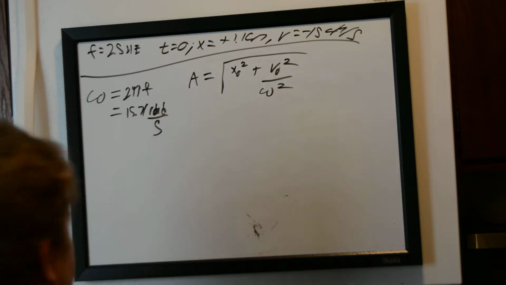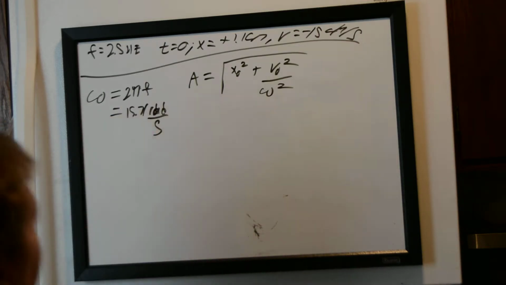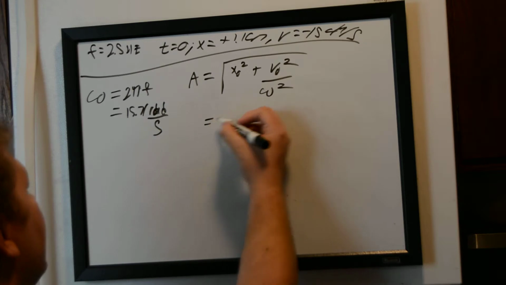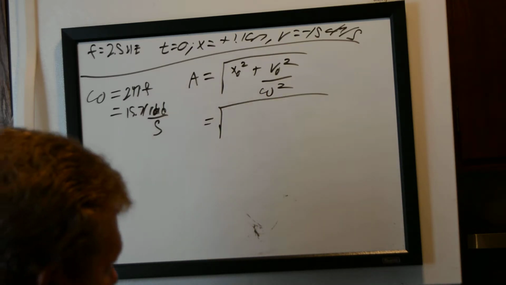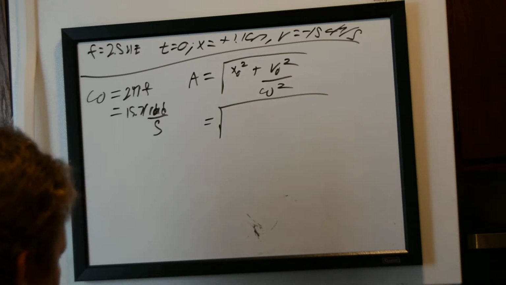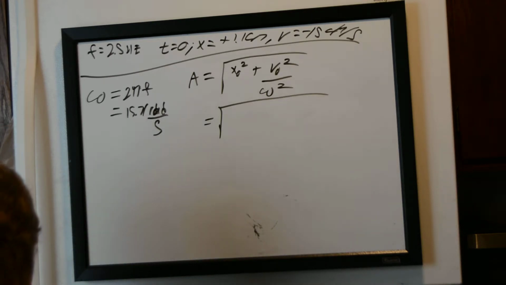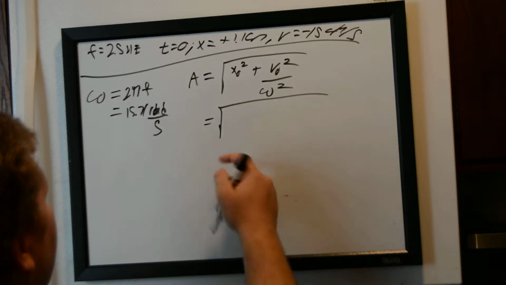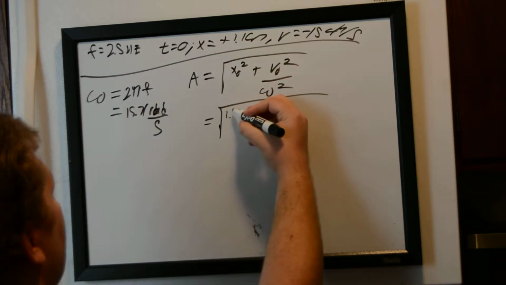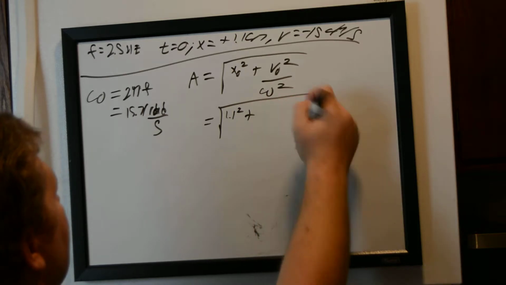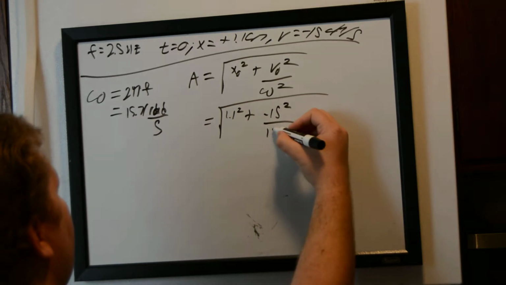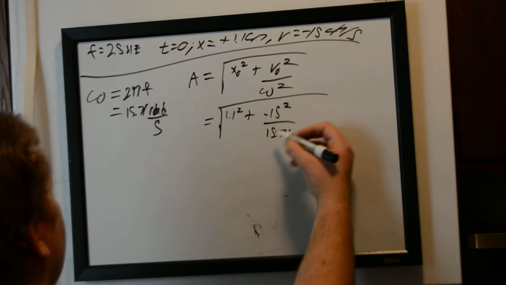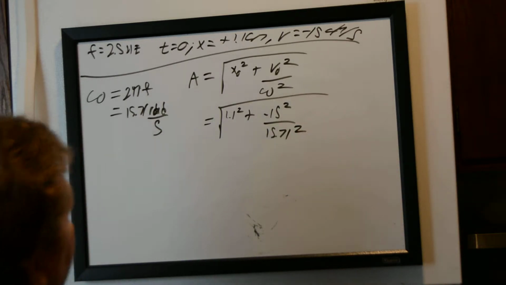Alrighty, so then basically at this point, since we have our angular acceleration, we can just plug and chug. You can convert these centimeters to meters, but we're dealing with the acceleration of a needle, so we're just going to keep it in centimeters for this problem. So we have that our starting position is 1.1 centimeters squared plus our starting velocity, which is negative 15 centimeters squared, over our angular acceleration, which is 15.71 radians per second squared.